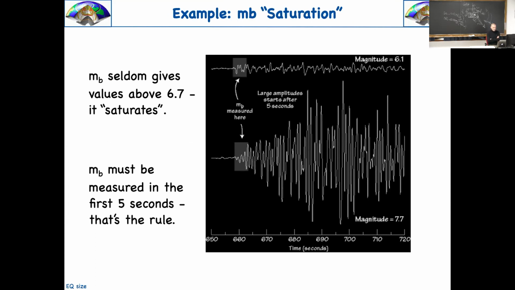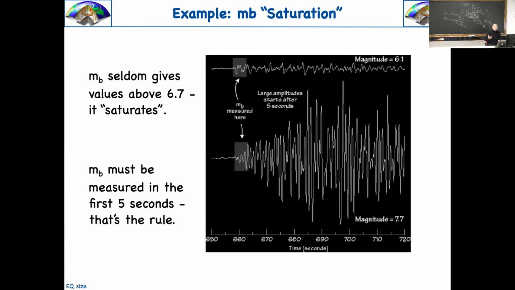They are very different, as you can see. Of course, the later part of the signal is very different here and here. But if you take the early part of the signal, and you look at the place where the definition of MB is taken, they are pretty much the same amplitude.